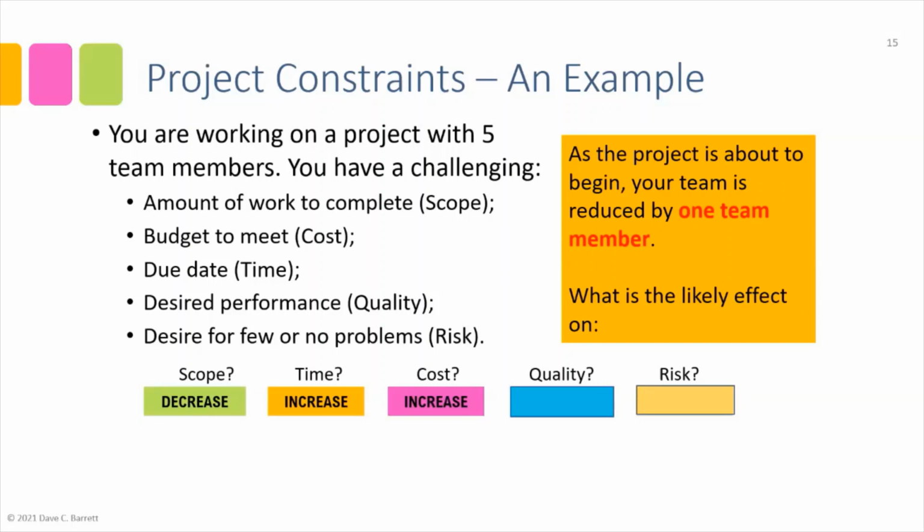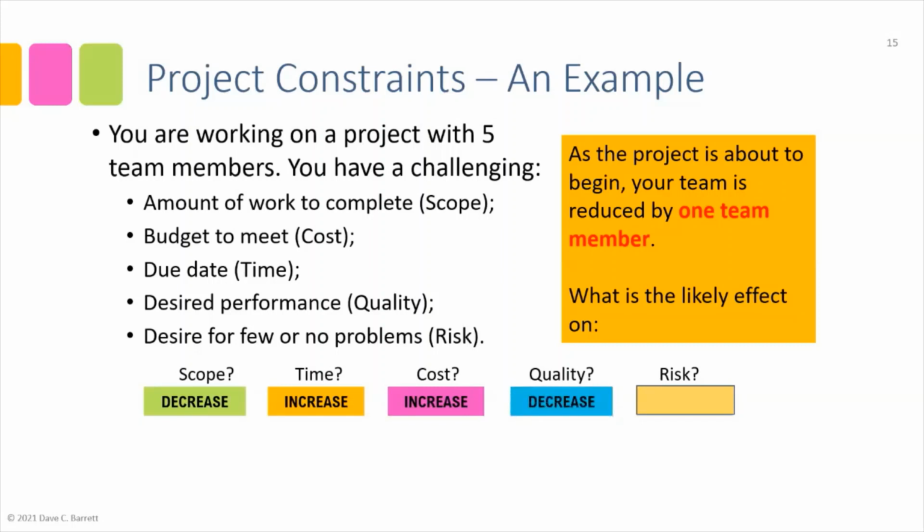Okay, next up, we reset the deck and we say, well, what's the effect on quality? For example, if we keep the scope the same, we don't want to decrease the scope, we don't want to increase the time, we don't want to increase the cost, and we don't want to affect the risk, what'll happen to quality? Well, it could decrease.